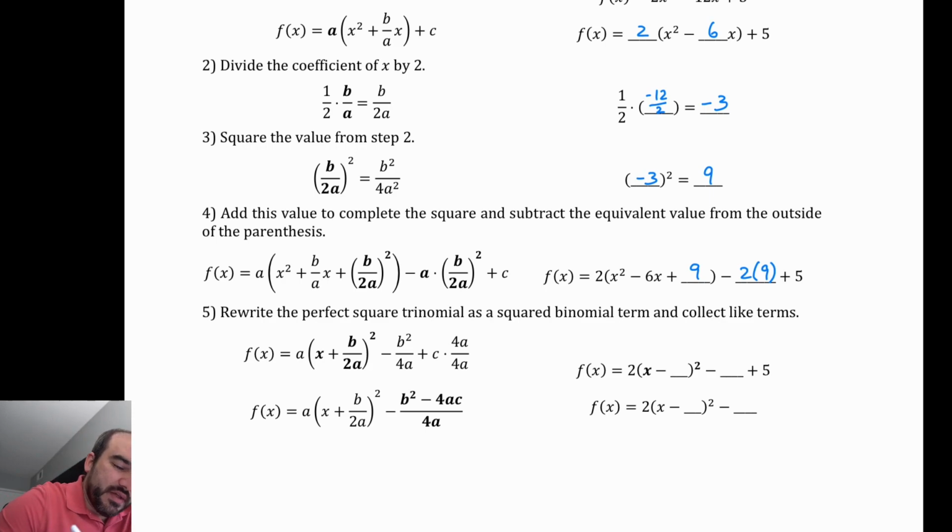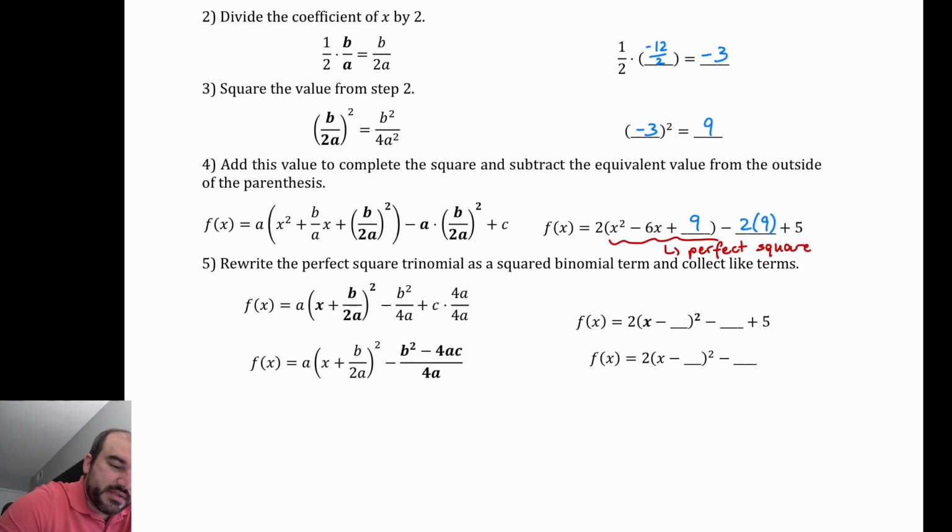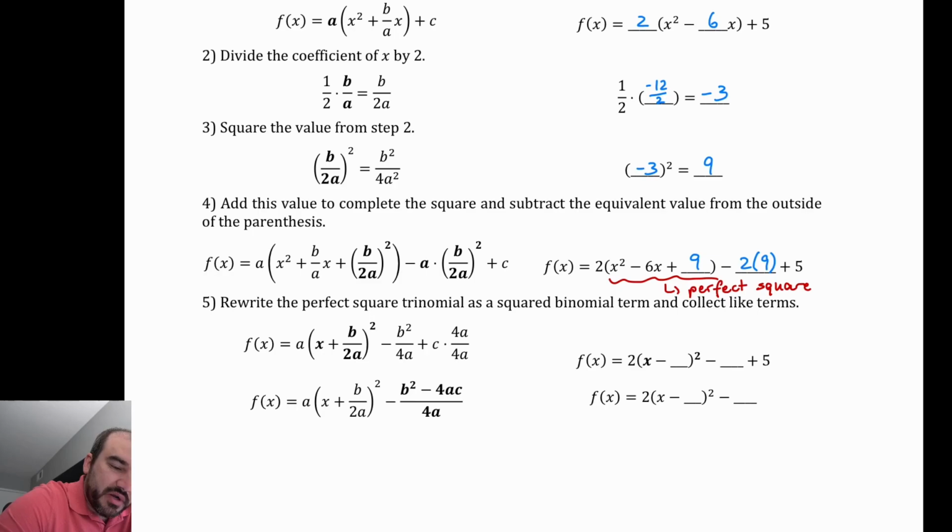And finally, this parenthesis, now that we've added the 9, is what we call a perfect square. And the square that it is always x minus, remember the number that we squared to put inside the parenthesis?